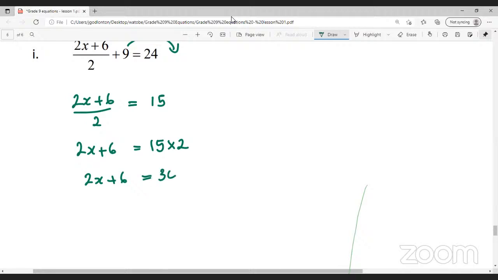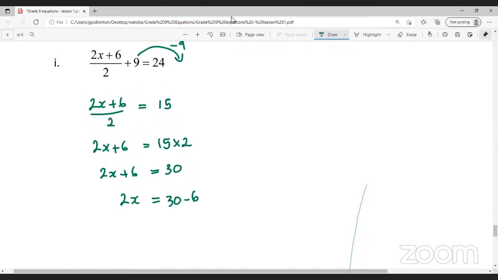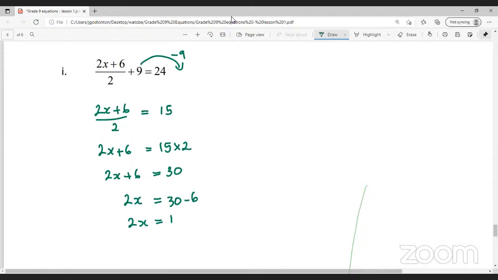Okay, I'm just going to write that 30 step, but what you said was absolutely beautiful. So I'm going to write that minus 6 there. Okay, good. Then it's 2x divided by 2 equal to 24 divided by 2. And the final answer is x equal to 12. Beautiful. Well done. That was a really hard sum. Nice work. Thank you, ma'am. Excellent. Okay.